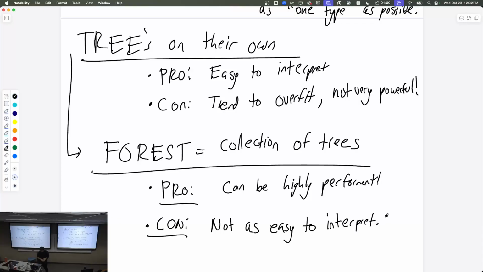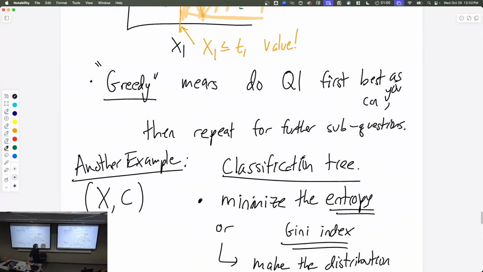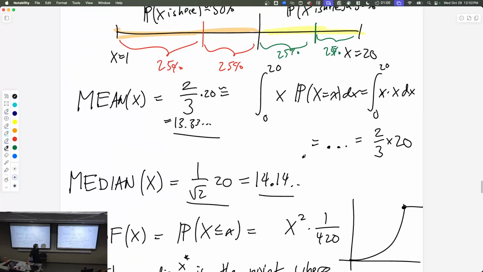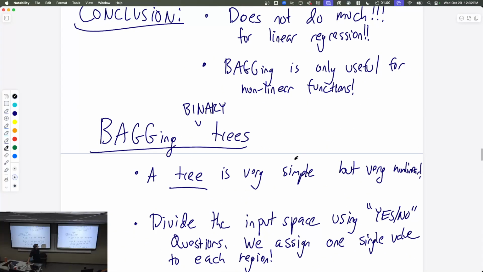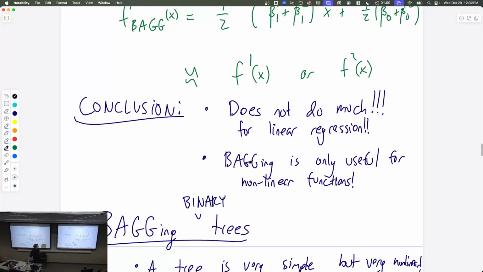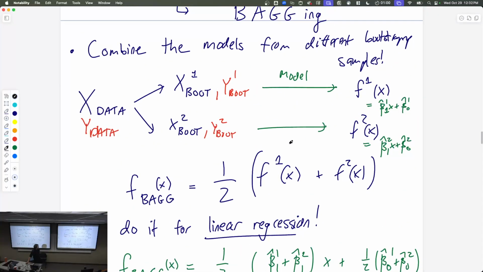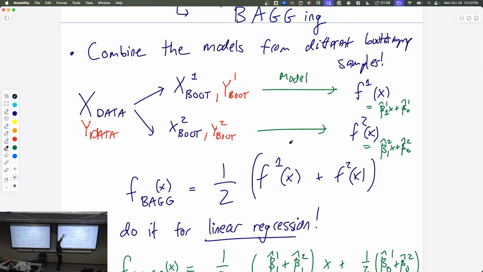Okay, so let's see. What is a forest? It's a collection of trees. What does it mean to combine them? Well, this is where we started the class. The way you combine them is you bag them. You do this bootstrap aggregation. So instead of doing one tree, you split your data set into multiple pieces using the bootstrap method.